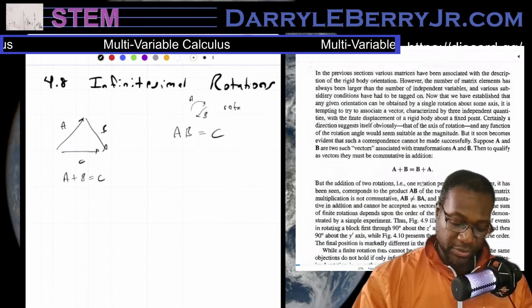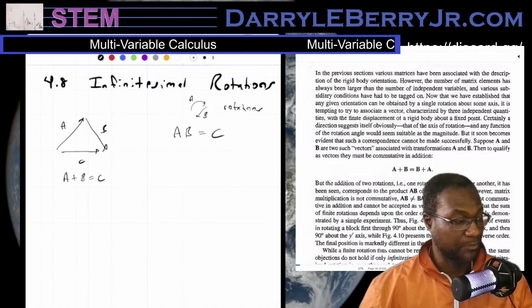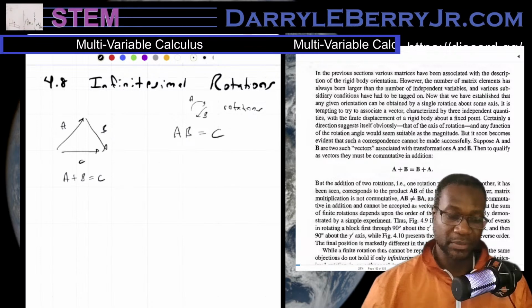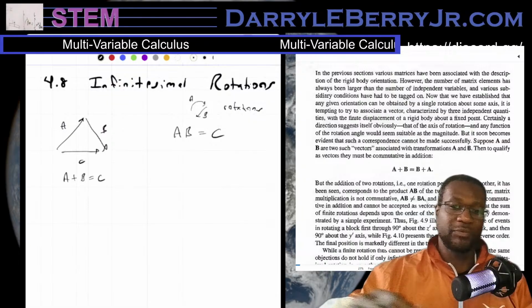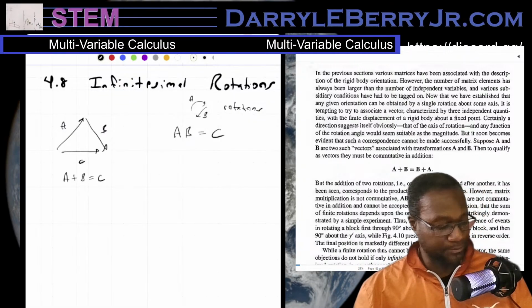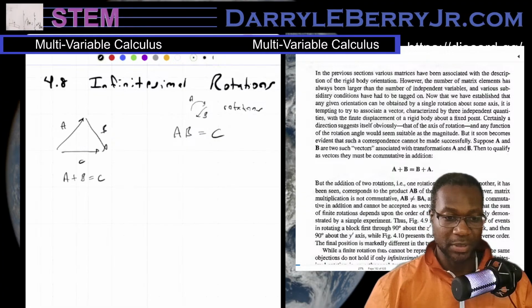What book is this? This is Classical Mechanics by Goldstein. It's a graduate introductory, the lower level of graduate level mechanics. I'll flash the book title real fast.